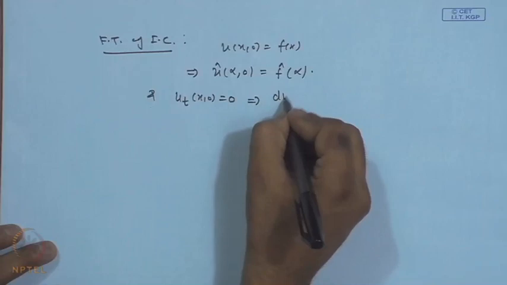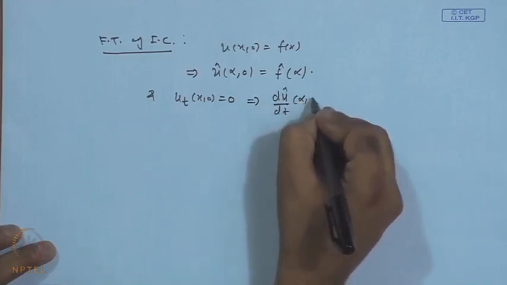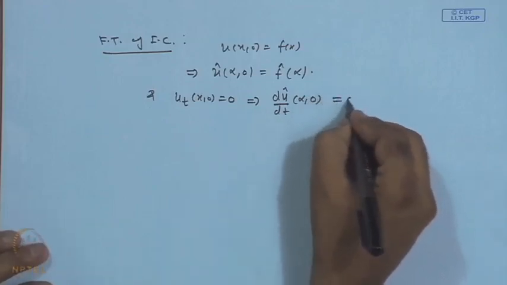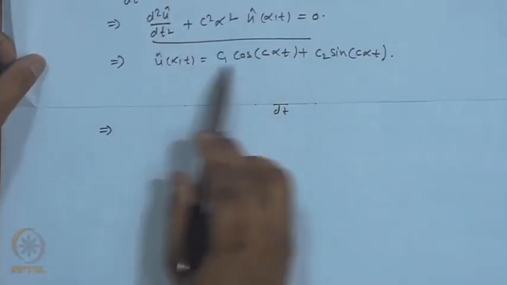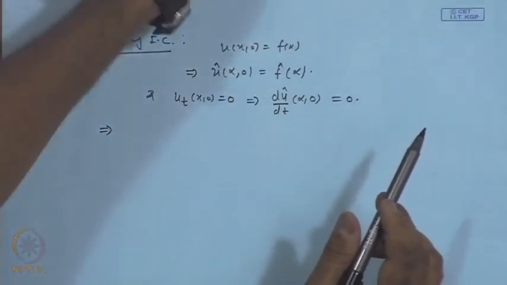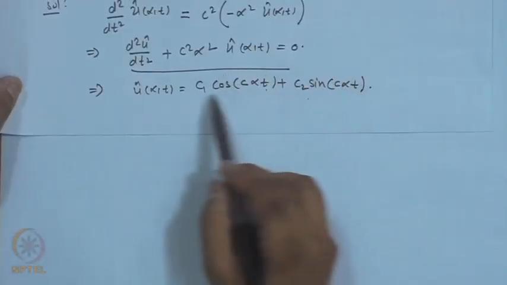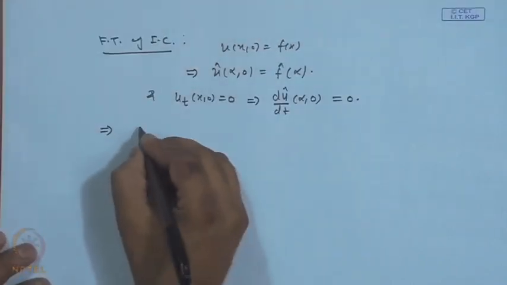So, from here we will get du hat over dt (alpha, 0) is again 0. So, from the first condition, our solution is u hat (alpha, t) equals C1 cos plus C2 sin. When we put t equal to 0, the sine is 0 and we have 1 for the cosine. So, we get C1 straight away from the first condition.